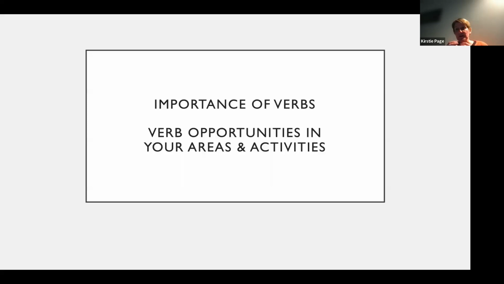And even when children are beginning to link words together, building that bank of verb vocabulary will allow them to move from basic sentences to more complex sentences, and to talk in a wider variety of ways for a wider variety of purposes.